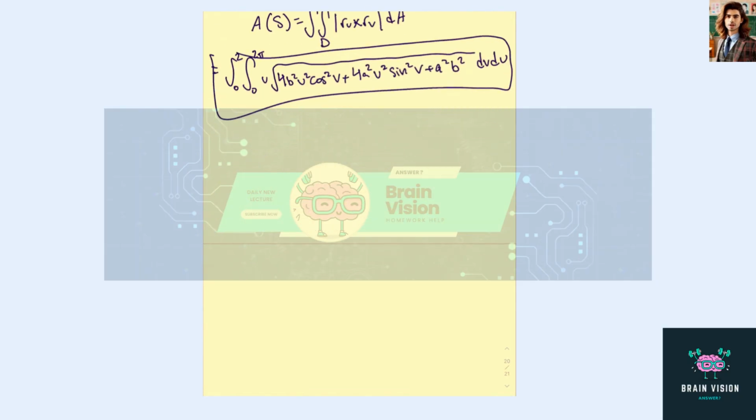Then for part B, we want to eliminate the parameters to show the surface is an elliptical paraboloid and set up a double integral for the surface area. So we have our three equations: x equals a u cosine v, y equals b u sine v, and z equals u squared.